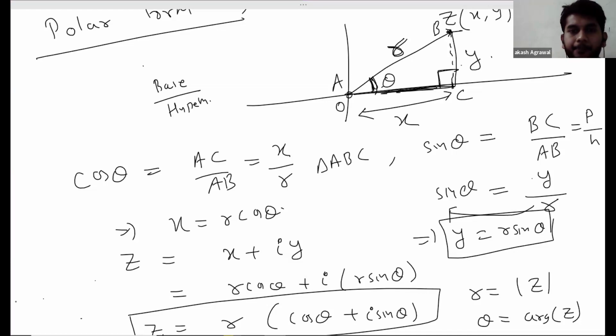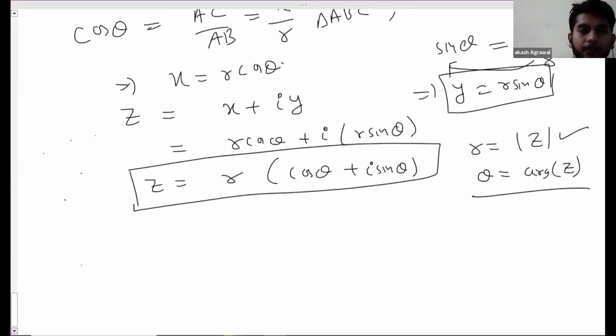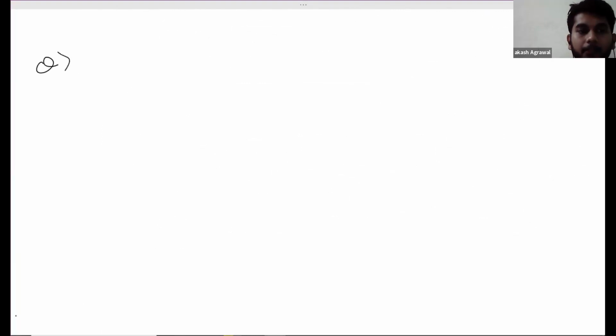Done, everyone? Done, sir. Okay. So what does this mean? That if you have to convert into polar format, then always find mod Z and then argument. What I mean by this is, suppose they say Z is a complex number 1 plus iota.